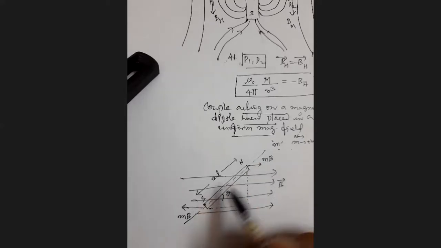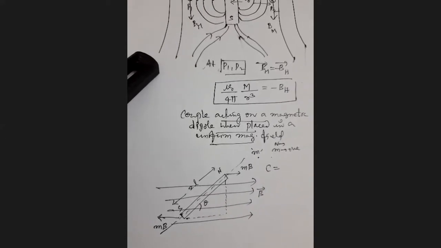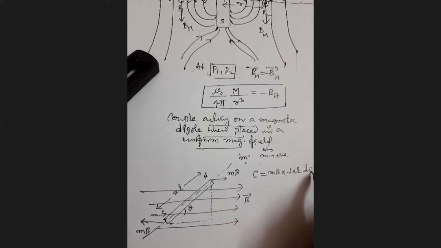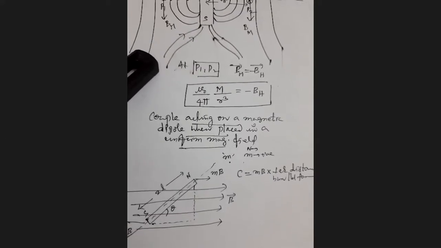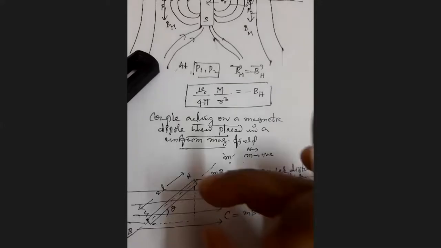Due to these two forces, they constitute a torque, hence the couple acting on the bar magnet C is equal to any one of the forces mB into the perpendicular distance between the parallel forces. This is the formula. C is equal to mB into this perpendicular distance.